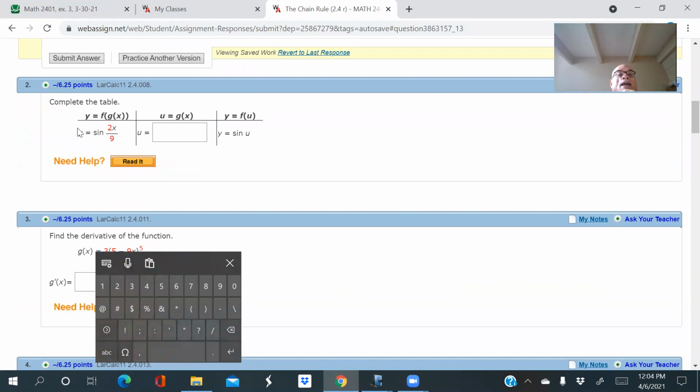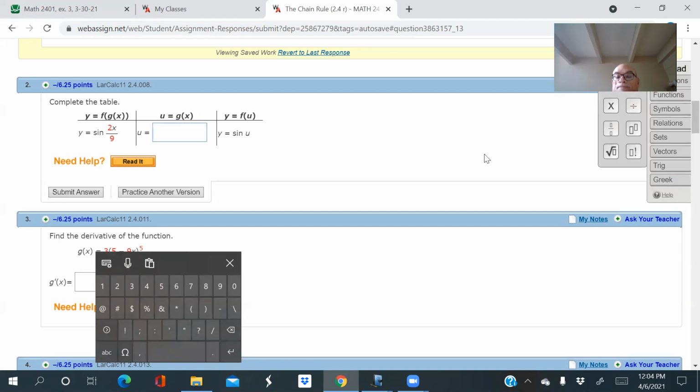Same thing here. In this function, notice you have sine of a quantity, but the quantity that you're taking sine of is not just plain x. So what you want to fill in is the quantity that you're computing the sine of, and it's 2x over 9.